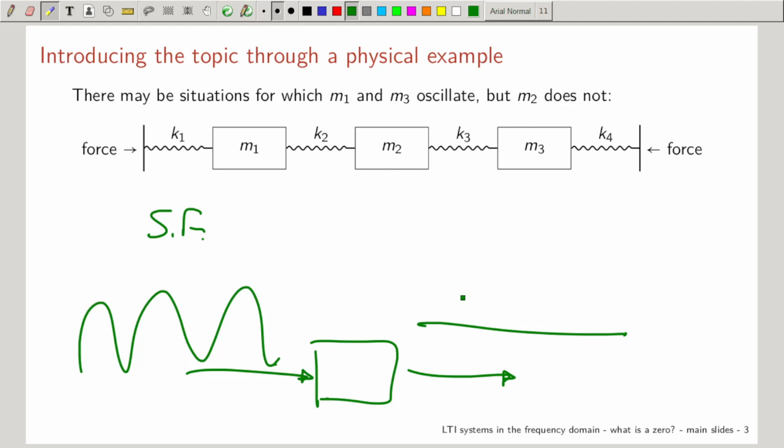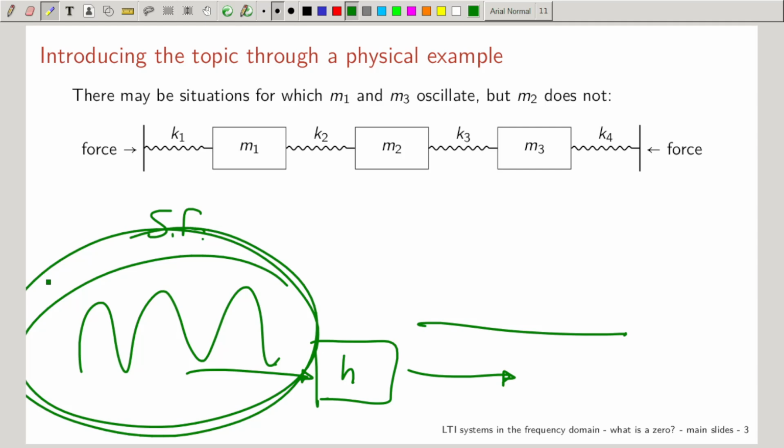What we are saying in this specific situation is that for that specific system, the gain for that specific omega is 0. The amplification factor is 0. What does it mean to have a 0? It means that there are some sinusoids that don't pass.